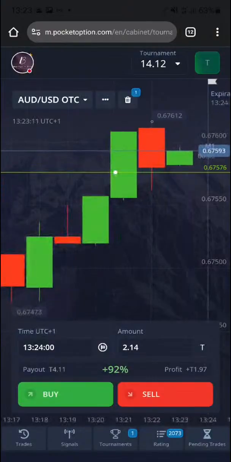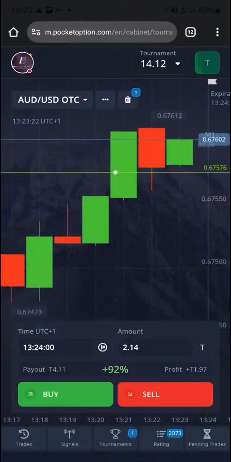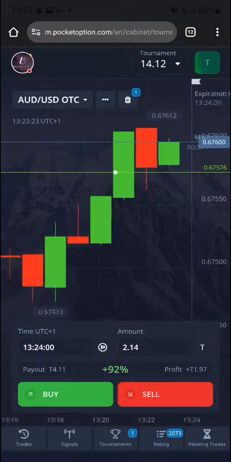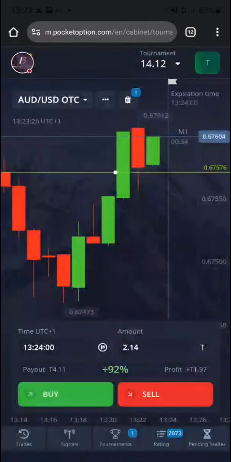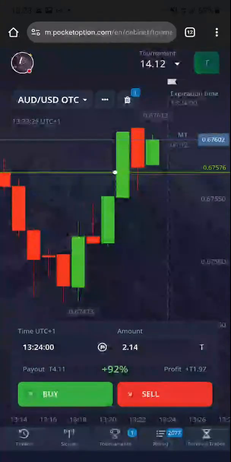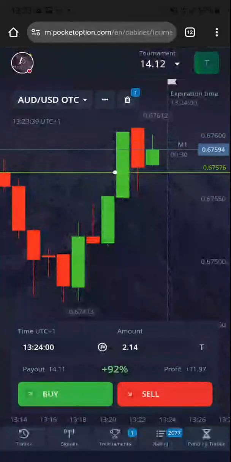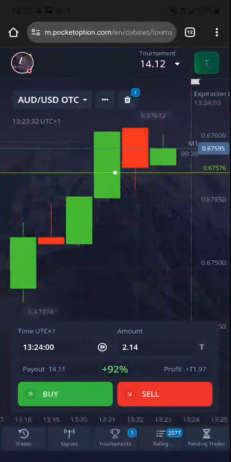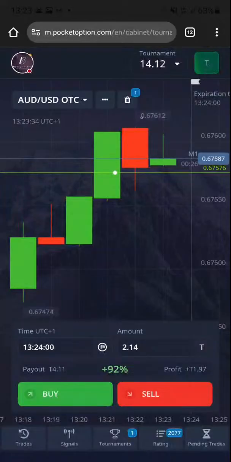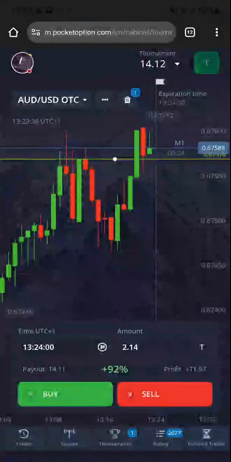Before this red candle, we have this red, green, green pattern, which is called a 3 bar up pattern. Anytime you have a 3 bar up pattern, you are most likely going to have a red candle after it. So we have three good strategies working together to give us this red candle. That's why we went with this trade. It's a beautiful trade, actually.